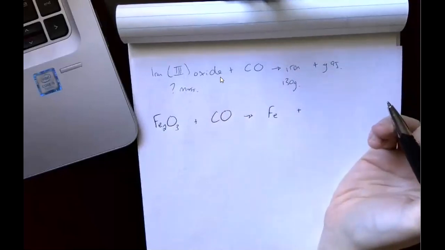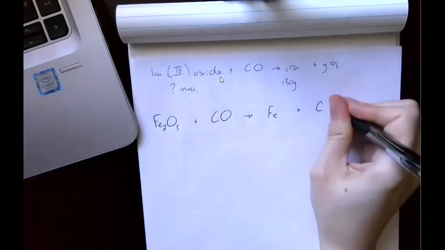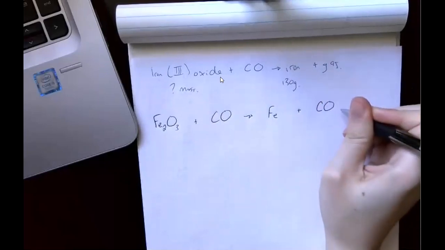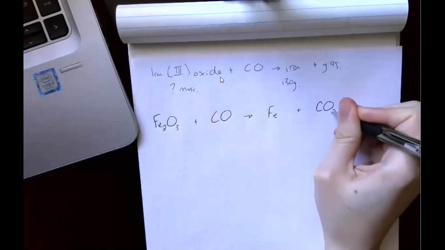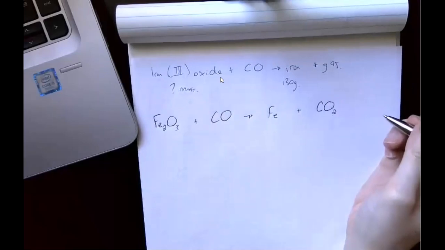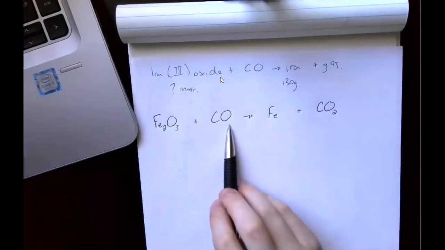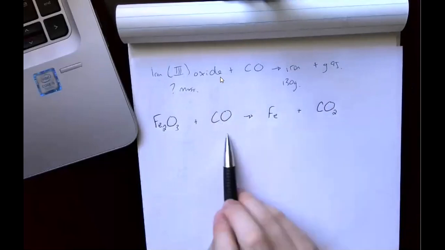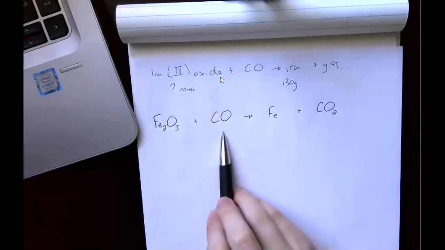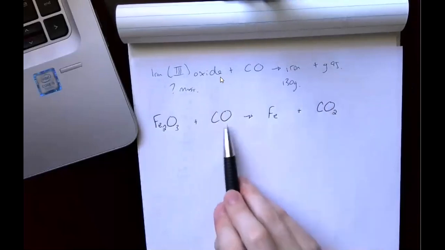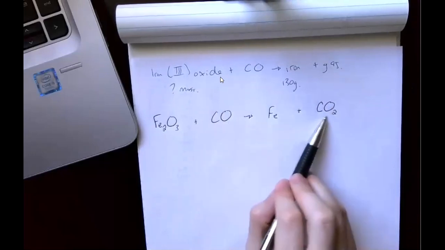And a gas byproduct, so this is going to have to be carbon dioxide. I know that it's carbon dioxide because if it was carbon monoxide, those would just cancel out. And yet it has to have both carbon and oxygen in order to be over there.